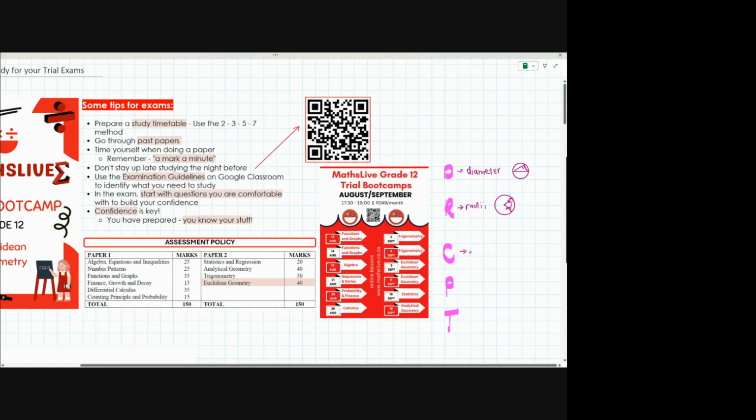C stands for cyclic quad. That's not how you spell cyclic. Cyclic quad is useful to us for many reasons, but mostly because we've got 3 different cyclic quad reasons. The first being that our opposite angles are supplementary, so they add up to 180.